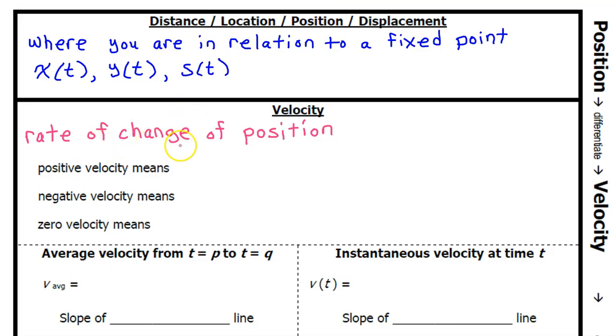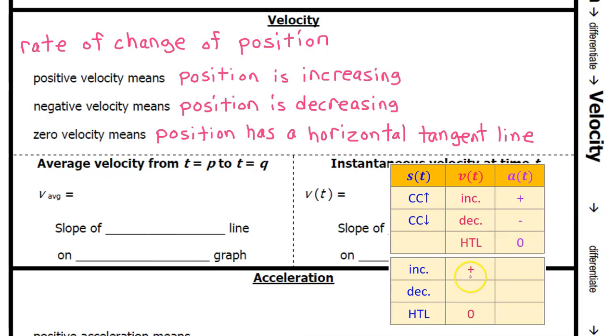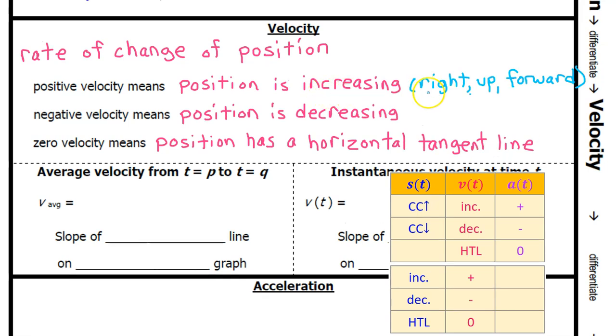Velocity is the rate of change of position. Note that a positive velocity means position is increasing, negative velocity means position is decreasing, and zero velocity means the graph of position has a horizontal tangent line. What comes up even more often is that the sign of velocity tells you the direction in which you are moving.